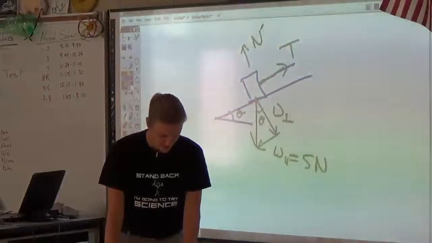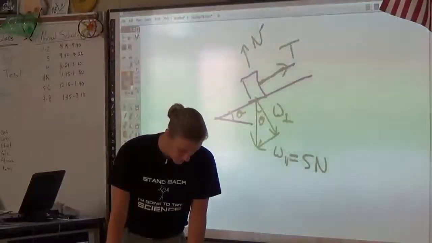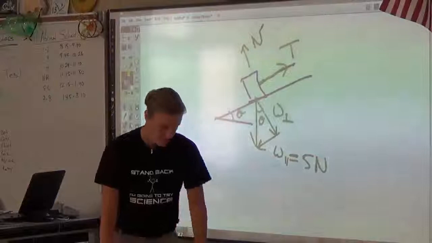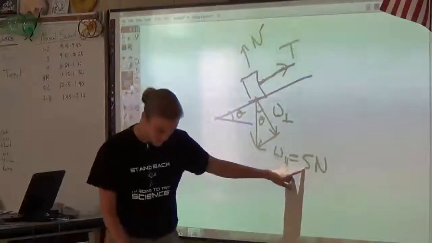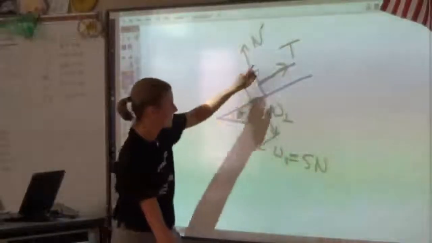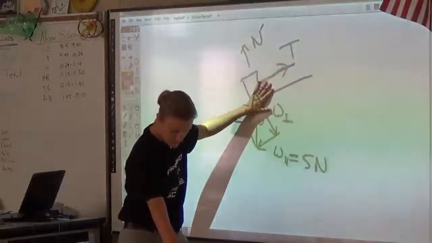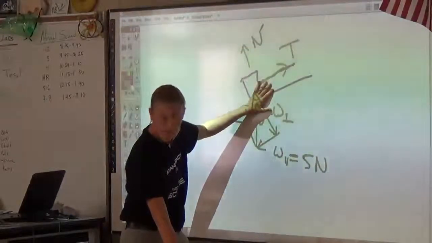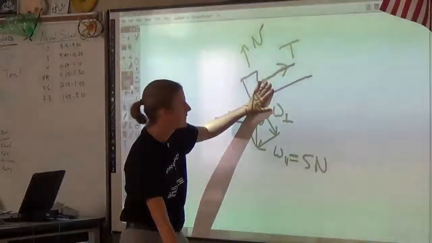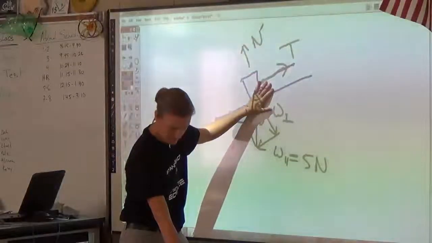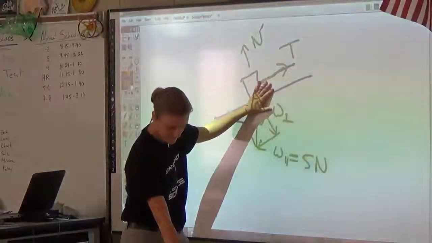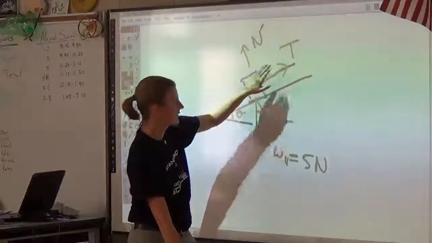Okay, in all these scenarios, I want to know, is T equal to, greater than, or less than 5? Stationary is going to be the same. Good? Moving up the ramp at a constant speed should be the same. Good? Moving down should be the same. Okay, so stationary and constant speed, they're the same.